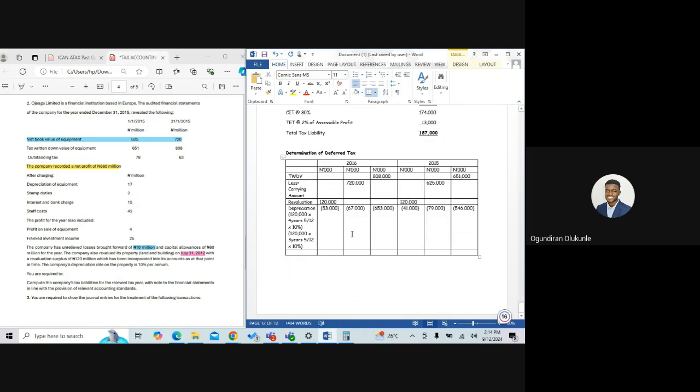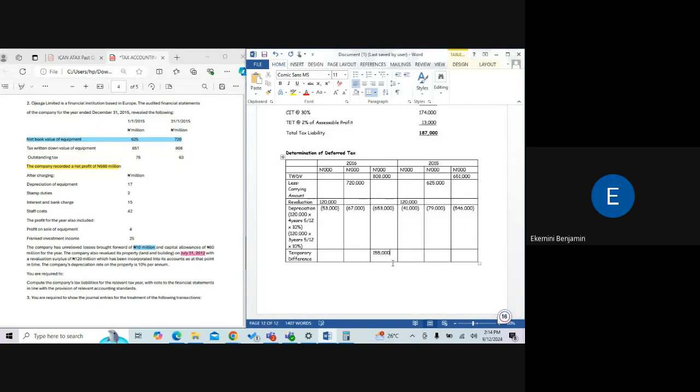So we have temporary difference. How much is the temporary difference? That's 808 minus 653. What do you have? 155. Now where is the 808? 808 minus 653. That's the tax value.